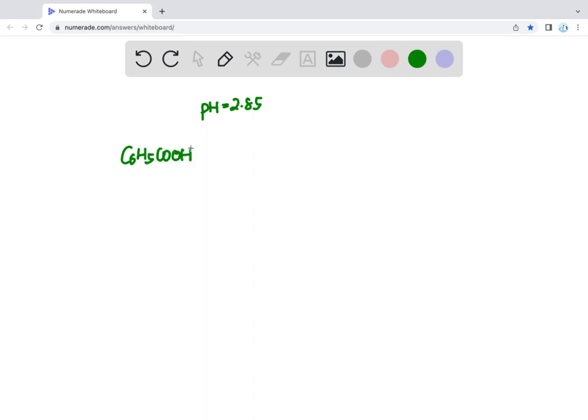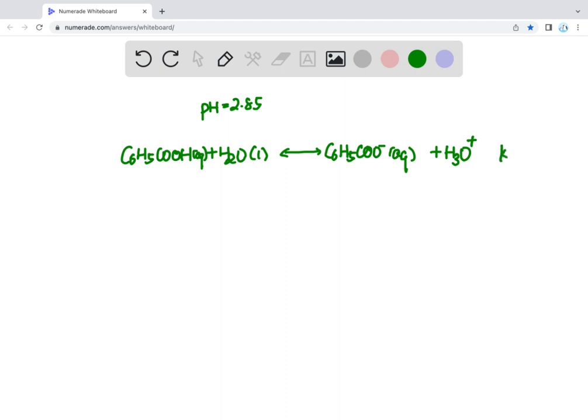So the benzoic acid is a weak acid. So it undergoes weak hydrolysis to form the anions here and the proton or hydronium ions here.